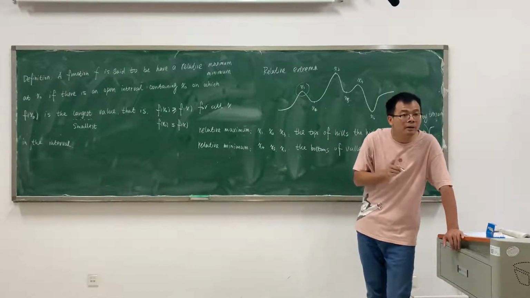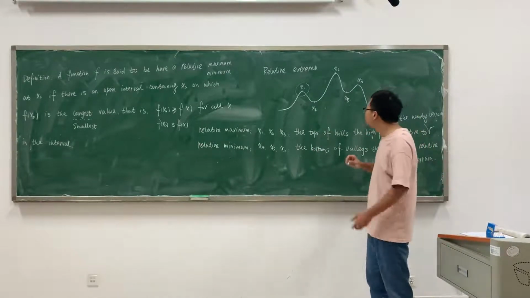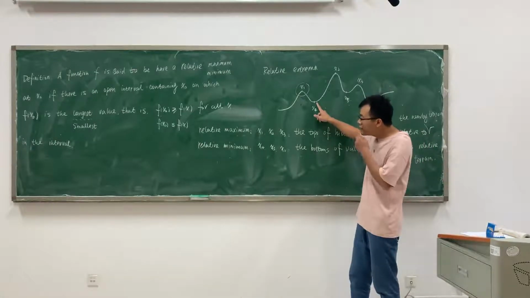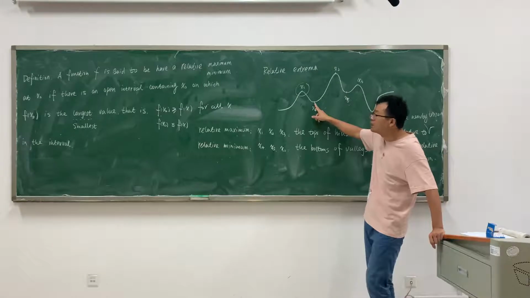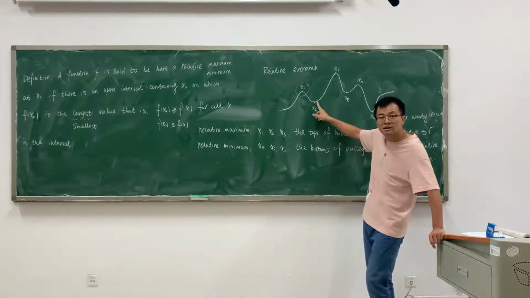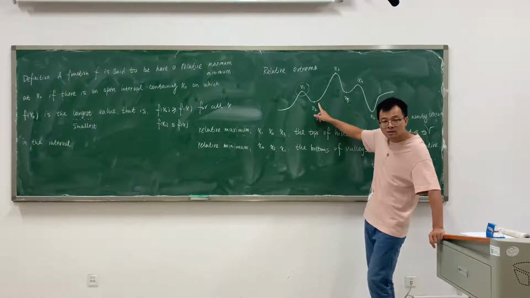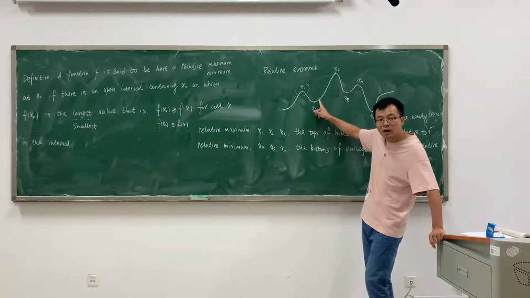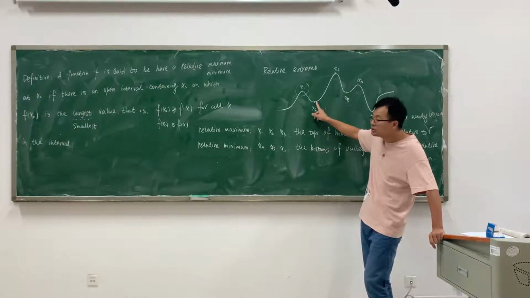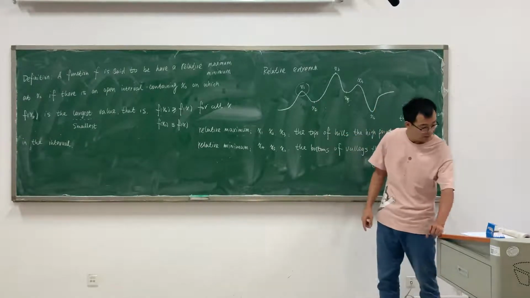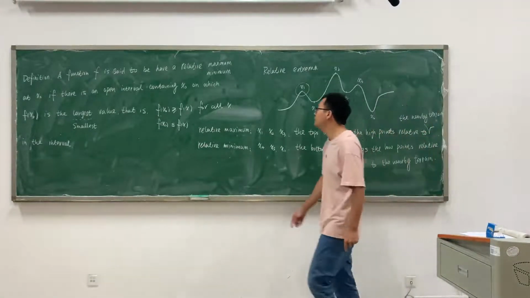And what's the relative minimum? Relative minimum means that the point is the smallest value nearby. So now we give the definition.